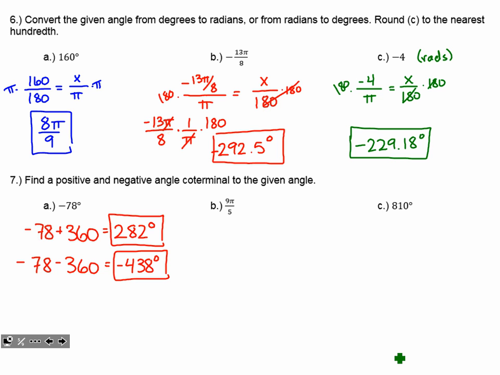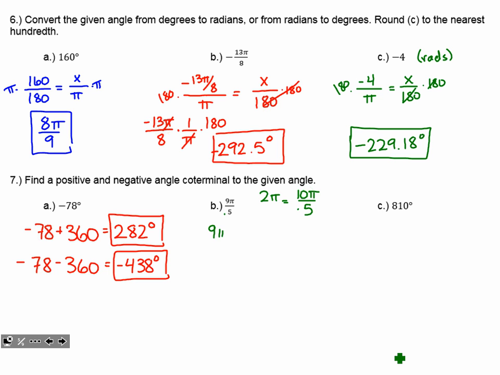For letter B, here I'm trying to add and subtract a full circle of radians. That means I'm adding or subtracting 2 pi. And to add and subtract a full circle of 2 pi, I need a common denominator with these fractions. So 2 pi is the same thing as 10 pi over 5. That sets up that common denominator of 5.